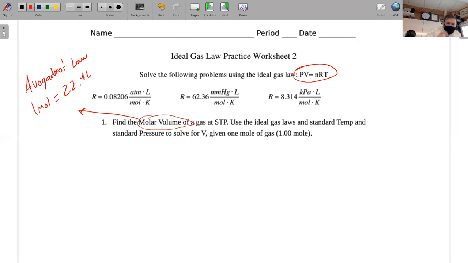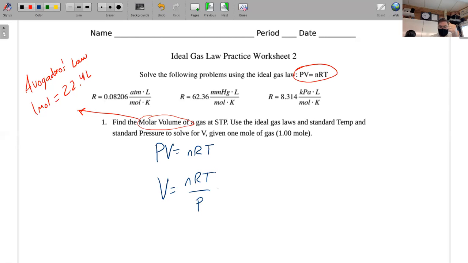In other words, this ideal gas law, PV equals nRT, if I solve it for V, then V is equal to nRT over P. What I want to do is figure out the volume for 1 mole at standard temperature and standard pressure.